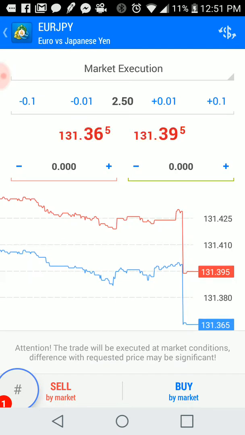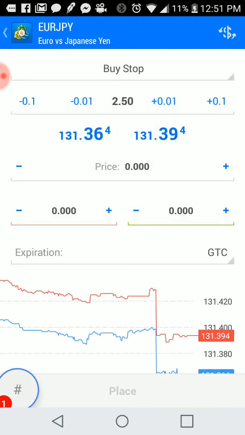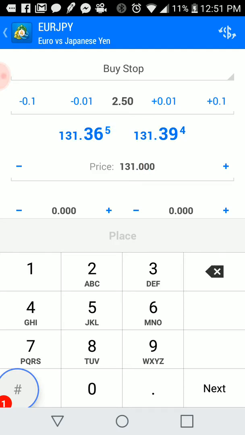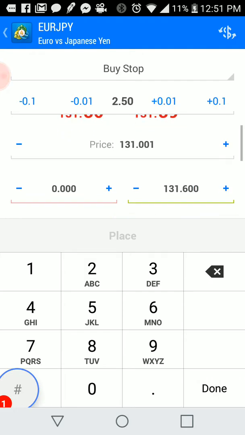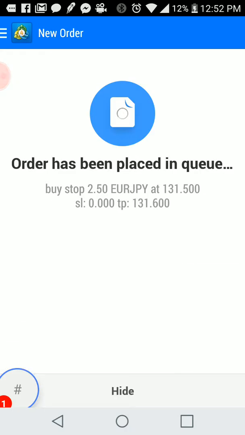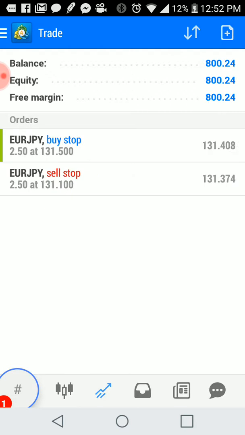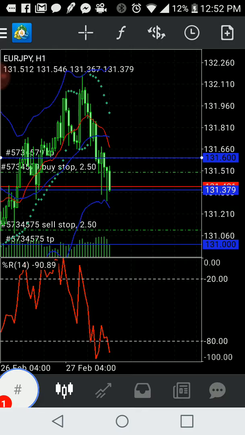And that will be a buy stop at 3150. And we'll take ours at 3160, 10 pips, and we'll place that trade. Oh, that's wrong. So 3150. All right. And it looks like this. So now we have our two trades set up as one.